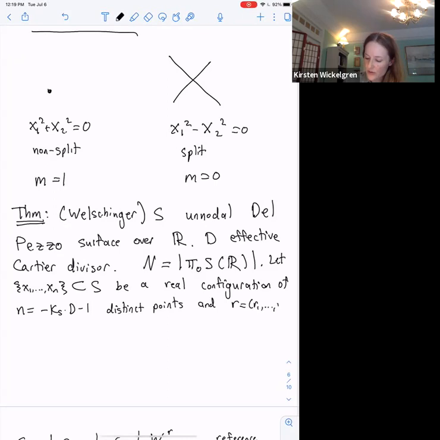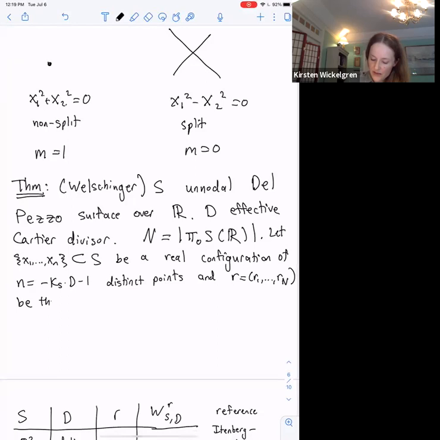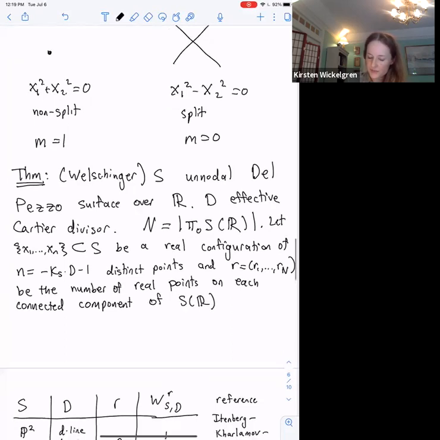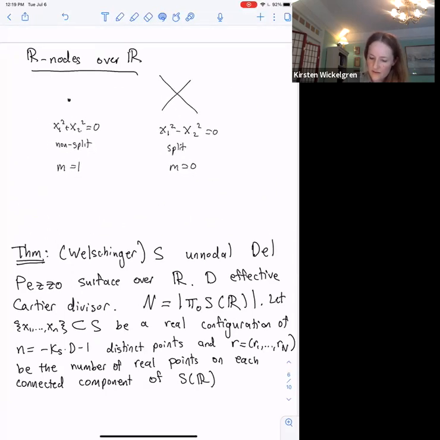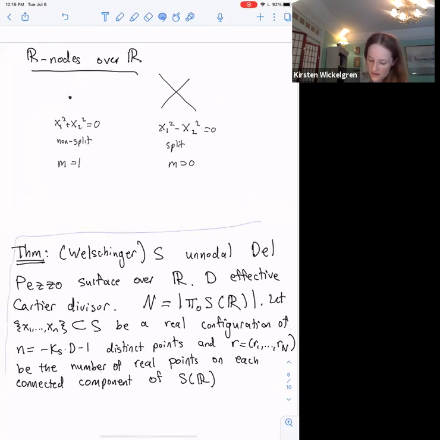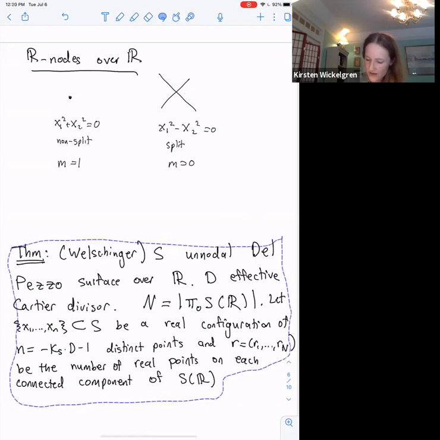So R will be the N-tuple R1 through R capital N, the number of real points on each connected component of S. Then the weighted count of the real rational curves is invariant.